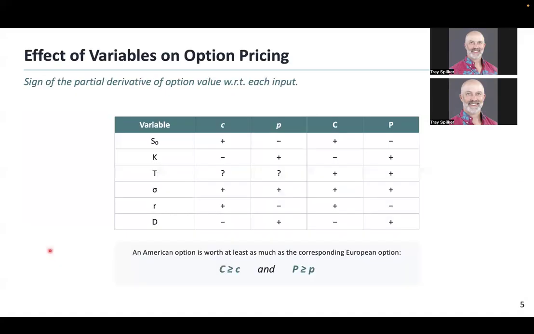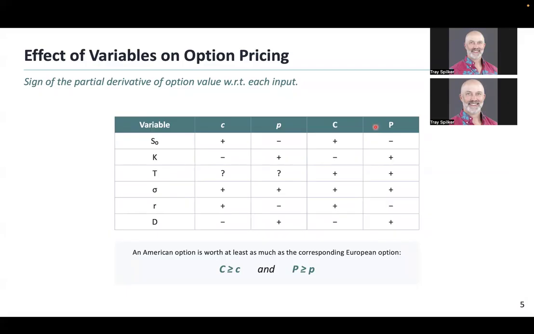So let's talk about the impact of all of those variables we just defined. By variables, I mean everything here in the left-hand column, and the impact it has on the call or the put price, c or p in the case of a European style option, or capital C and P in the case of an American style option.